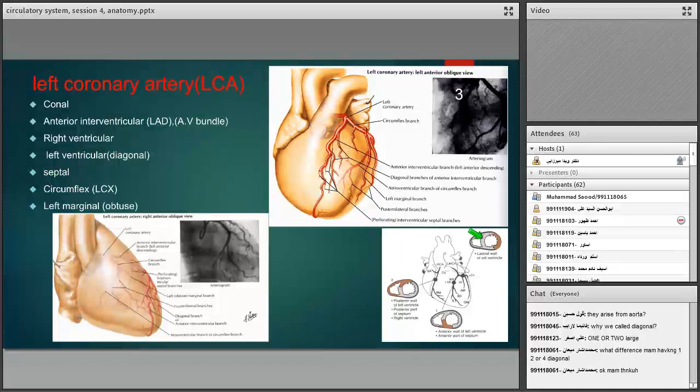Which part of the interventricular septum? The superior 4/5 of this septum. Okay, if you divide the interventricular septum into 5 parts from superior to inferior, 4 parts of these 5 are supplied by the LAD, and 1 posterior part is supplied by the PAD.